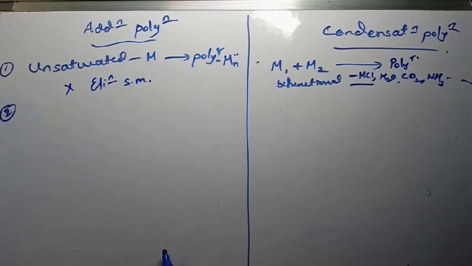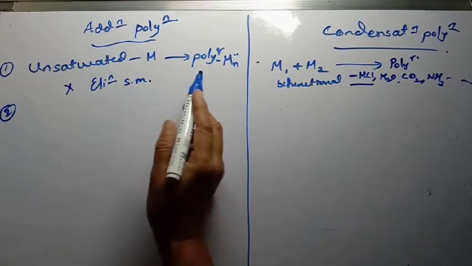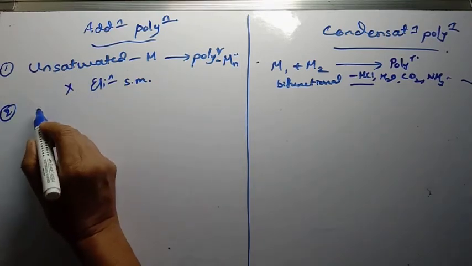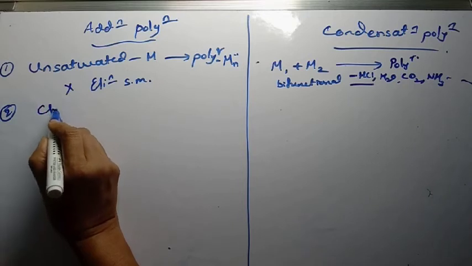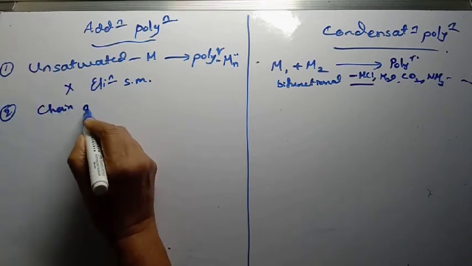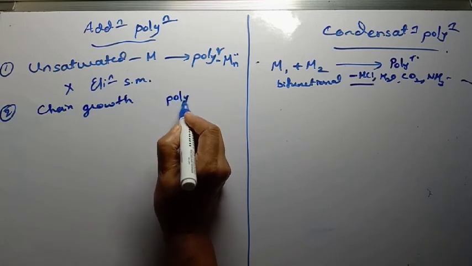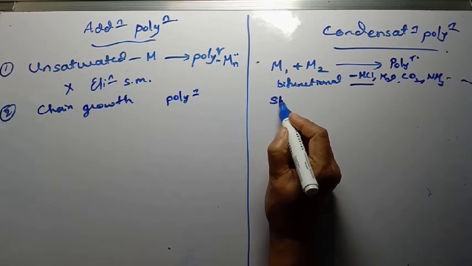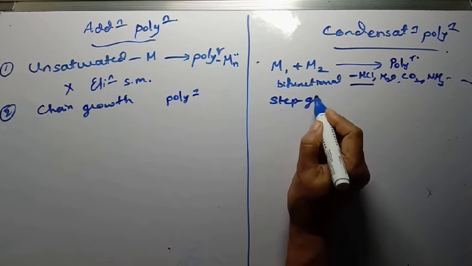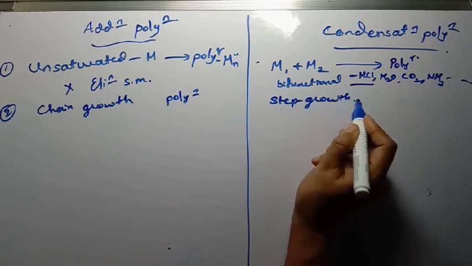Now we'll go to the second point. Here it is said to be a chain growth polymerization, but it is said to be a step growth polymerization.